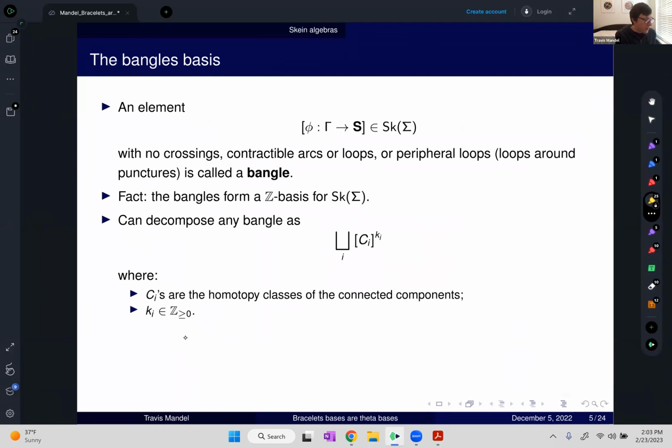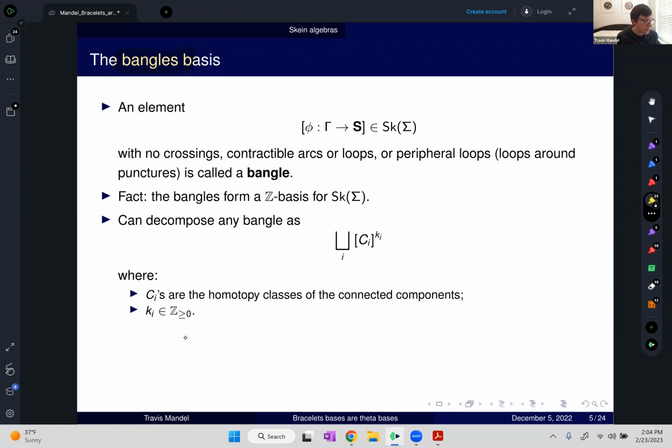All right, so now we have a nice basis, or well, there's a few nice bases for the skein algebra. I'll start with the Bengel's basis. The main one I want to talk about is the Bracelets basis, though. With the Bengels, say an element of the skein algebra, so some immersion of a curve.